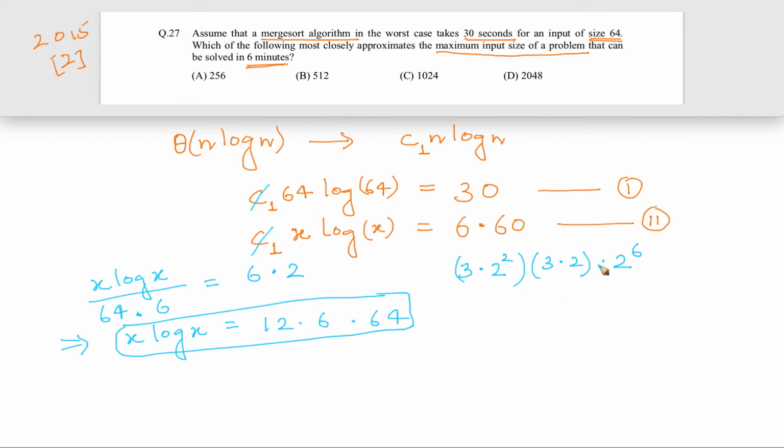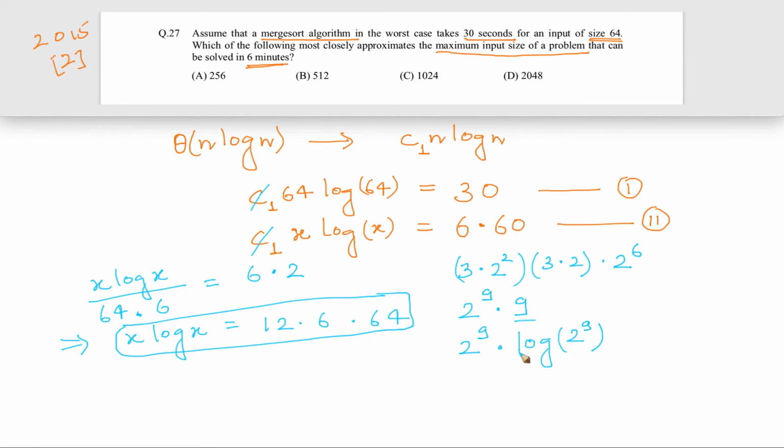Now the overall exponent of 2 is 2 plus 1 plus 6, which is 9. So 2 raised to the power 9 is the overall value in terms of exponents of 2. Then the remaining value is basically 3 square, which is 9. So now you are getting the pattern that 2 raised to the power 9 into 9 can be written as 2 raised to the power 9 into log 2 raised to the power 9, isn't it?